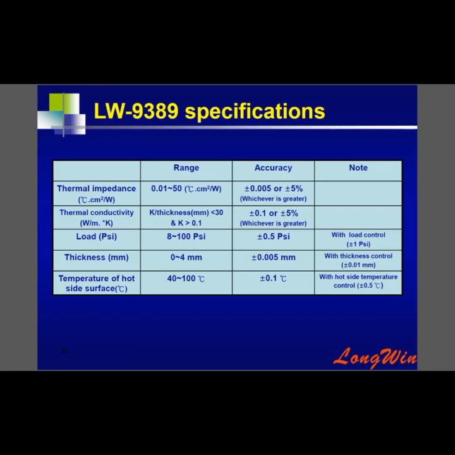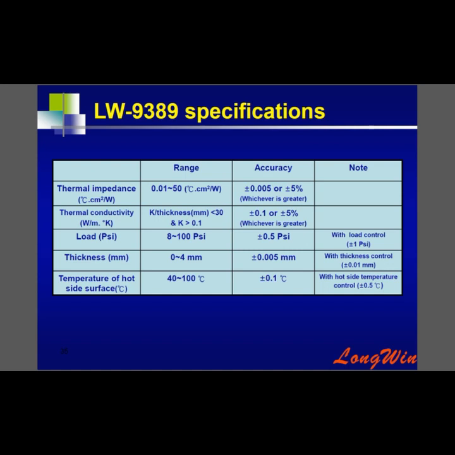On the previous page, we see the general deviation if we follow ASTM D5470. And now we'll take a look at the Team Tester of Longwing. So here is the table to show the general specification. The first row is about the thermal impedance.